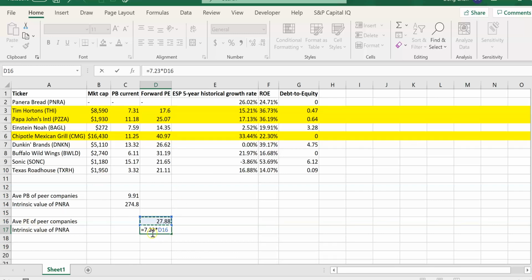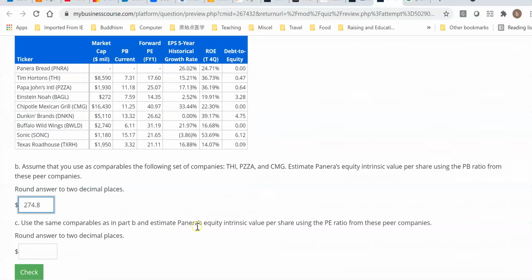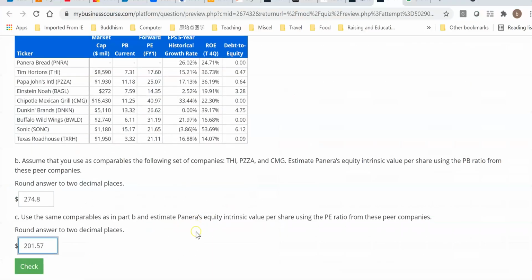So I'm multiplying by the forward earnings per share to get back to the estimate for the price. And then don't forget we are rounding this to 2 decimal places. So this will give me 201.57 and copy that number back.